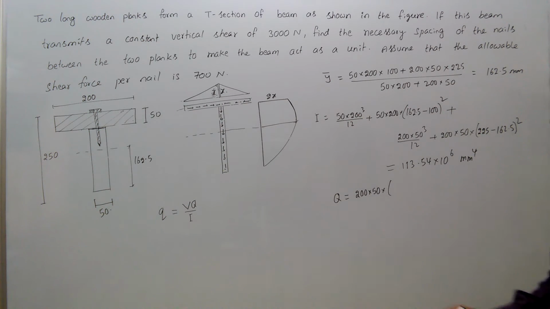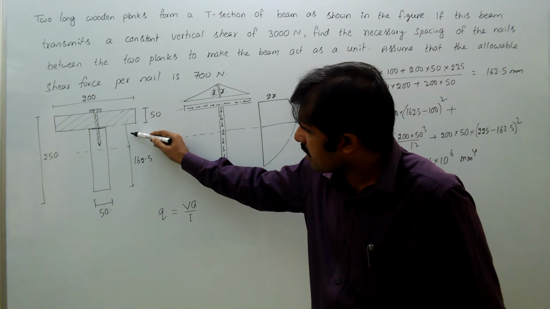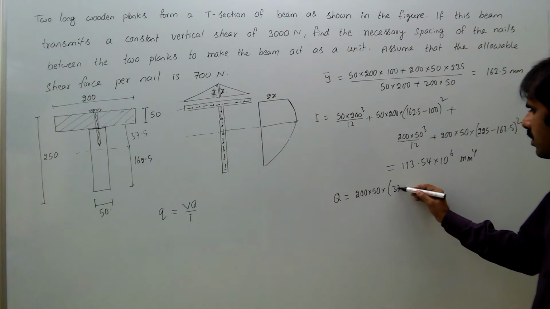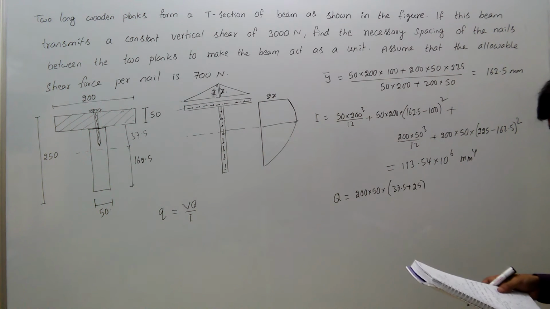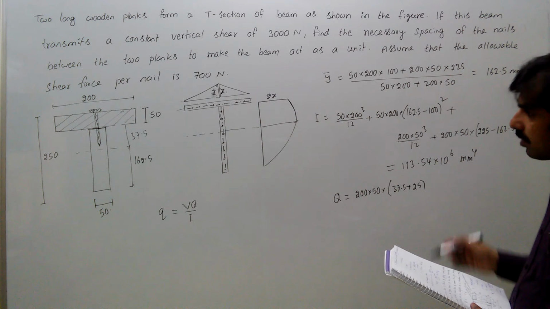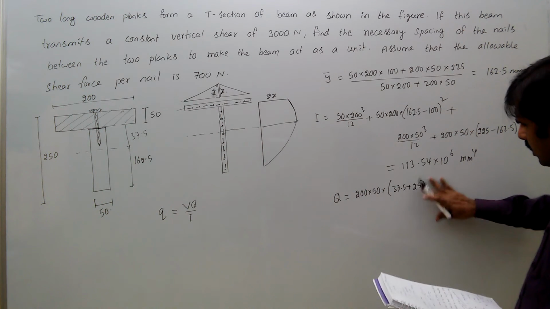Centroidal distance is 200 minus 162.5 means 37.5 plus 25, that is 50 by 2. This is the Q actually.